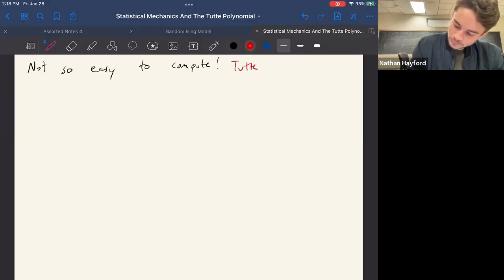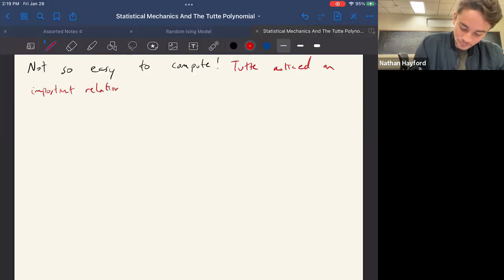Tutte now noticed an important relation. It's kind of not quite historical, but for our purposes, it's good enough. So I'm going to make 2 definitions: the deletion of an edge and a contraction of an edge.